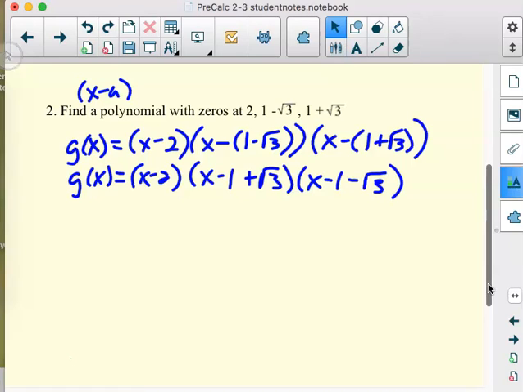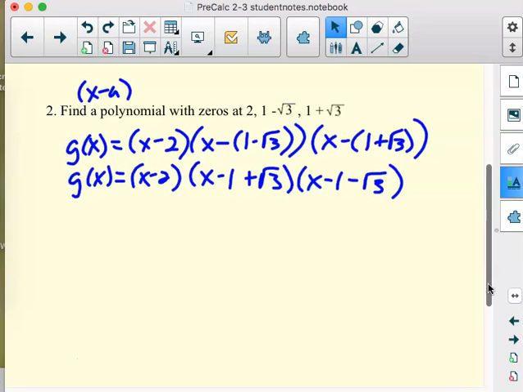Unless we can find a special pattern here that might make this go a little bit faster and a little bit easier. And one of the special patterns that we know about is a sum and difference pattern. And what's great about a sum and difference pattern is when you multiply them together, the outside times the outside plus the inside times inside cancel each other out.